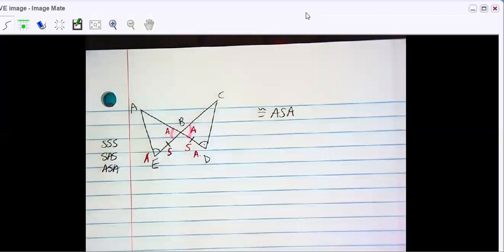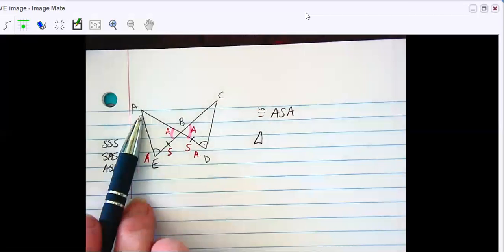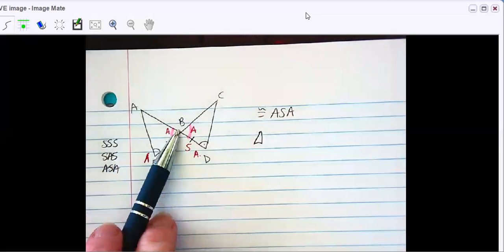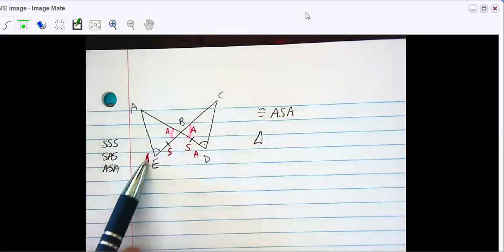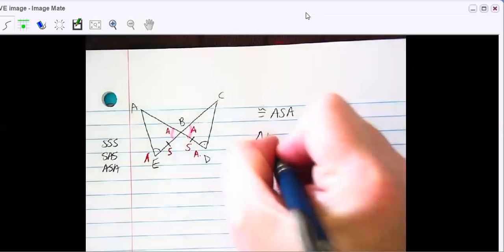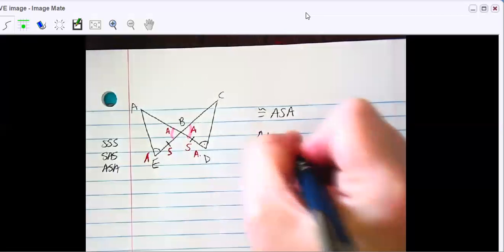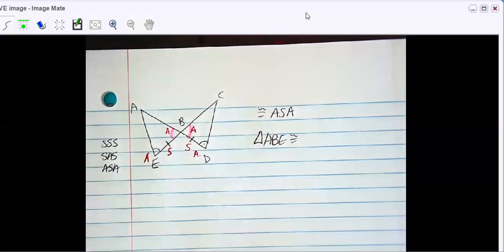And then we'll name our triangle. So a triangle, I usually start with the tip top out here or the one furthest away. I've gotten used to that and it makes it a little bit easier to be consistent. So I probably go A, move to the center, B, move out to the other edge, E. So triangle ABE would be congruent to, what would the other one be then? CBD. Good.